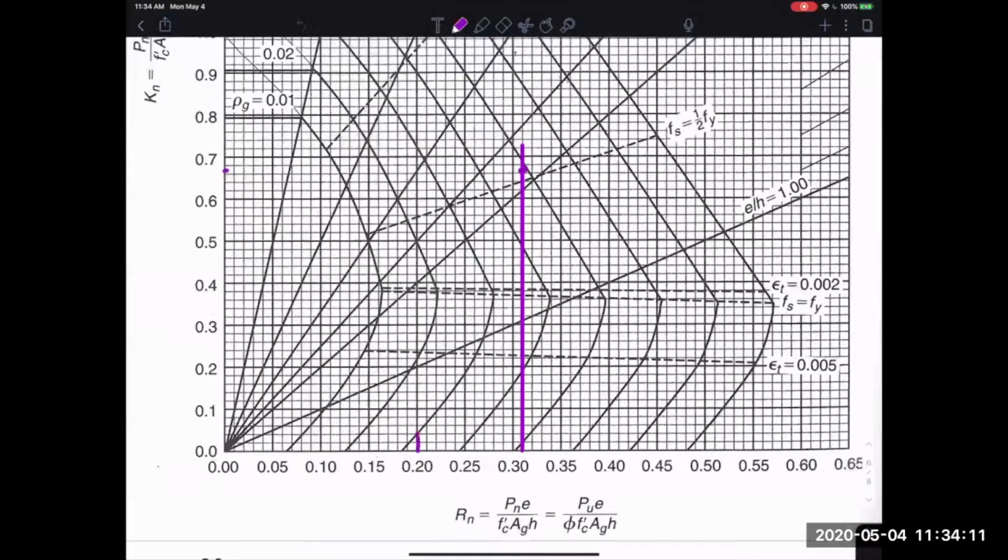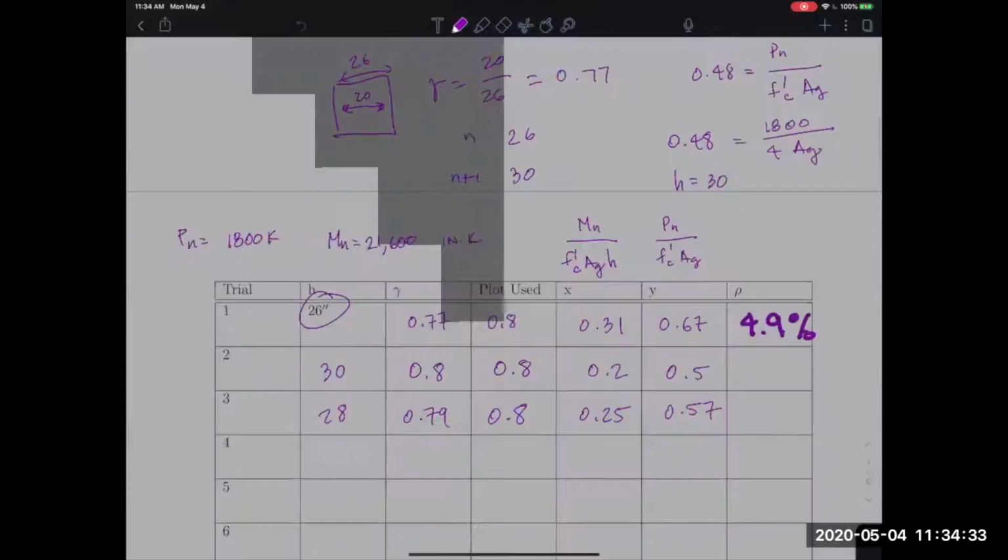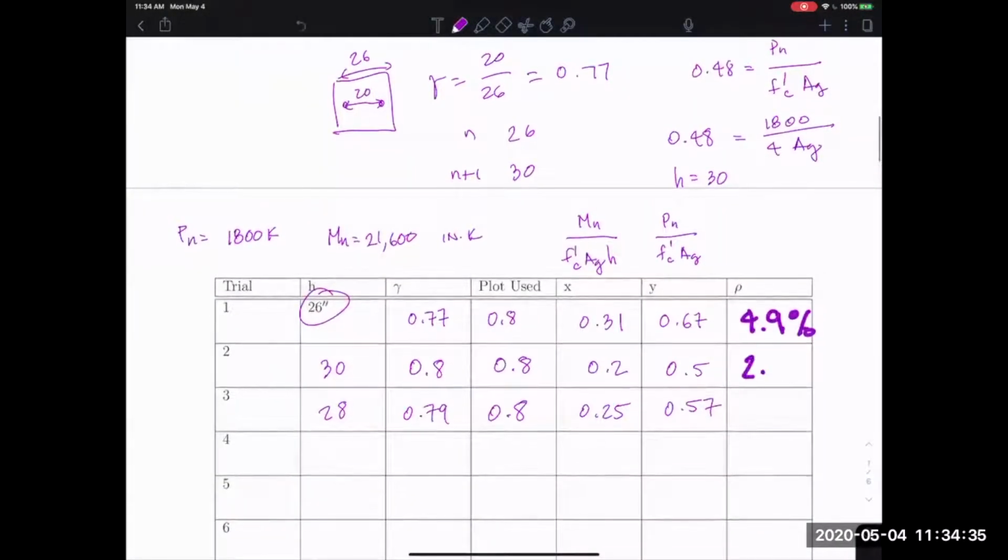So 0.2 and 0.5, exactly on the 2% graph. And we'll see that that's exactly what the spreadsheet did as well. But that's exactly 2%. And so obviously I had this thing rigged up. For fun, let's do the 28-inch column.